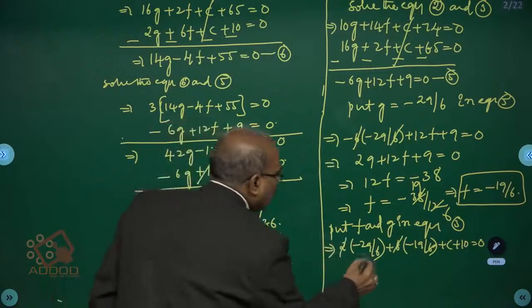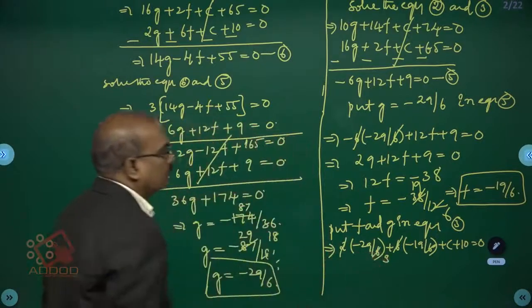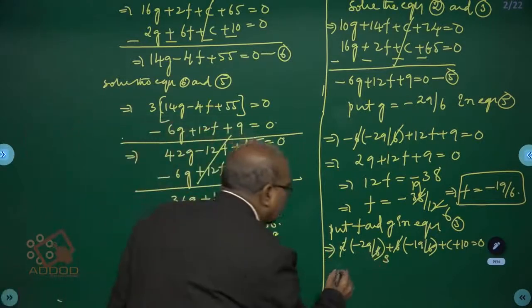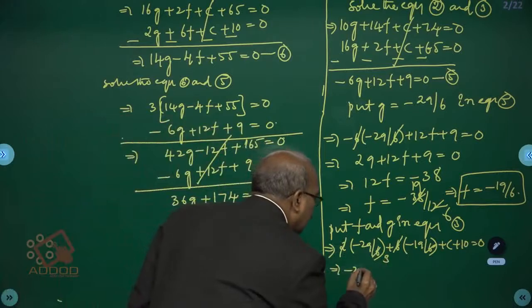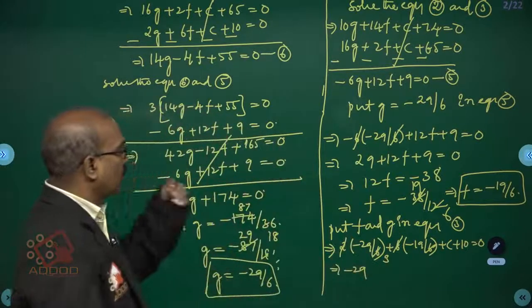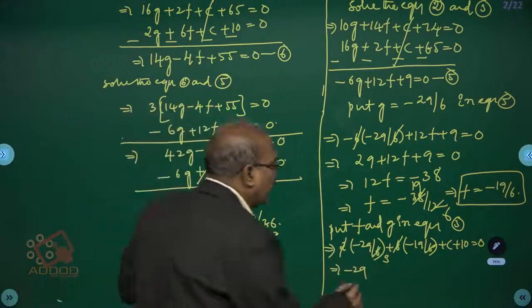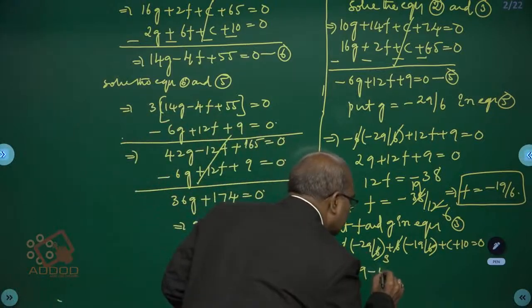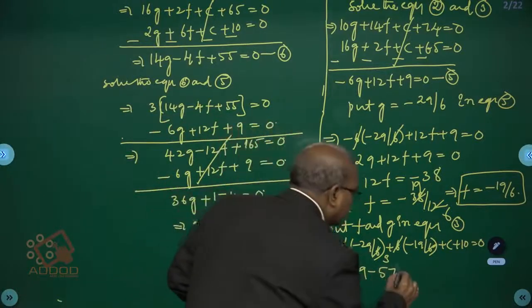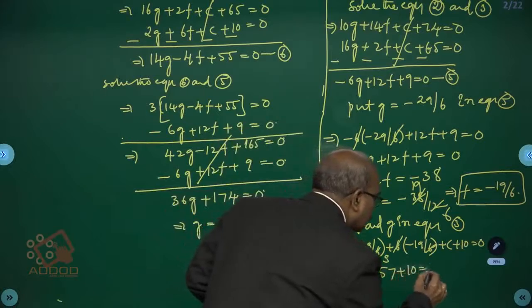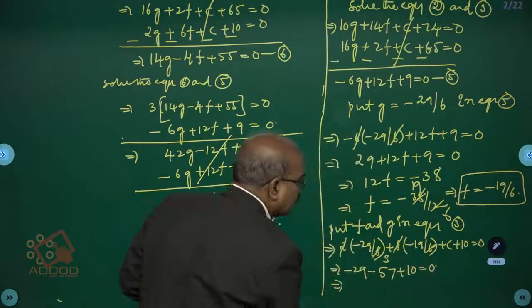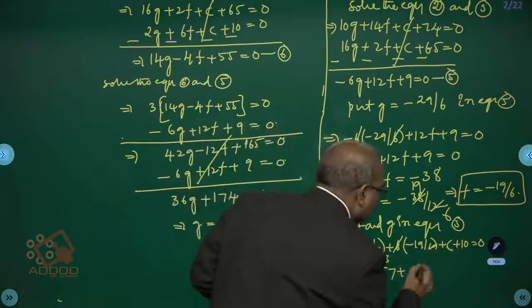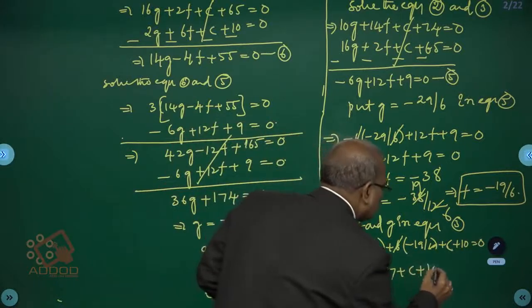So 2 ones are 2, 3. Okay, so finally we get here minus 29, next minus 57, plus c plus 10 is equal to 0.